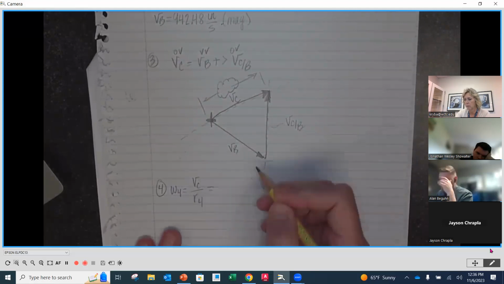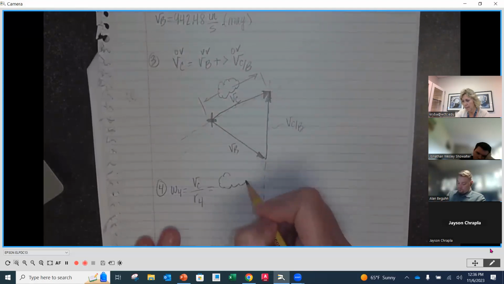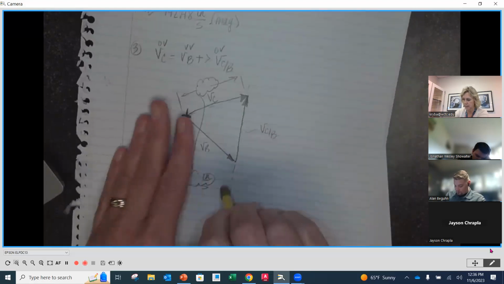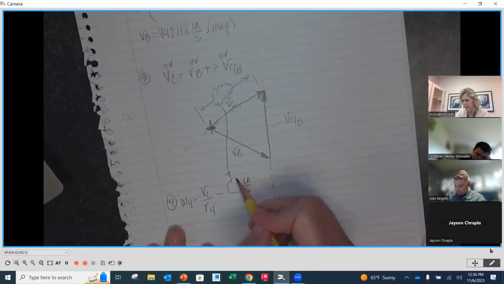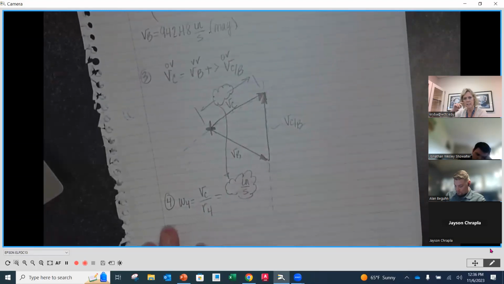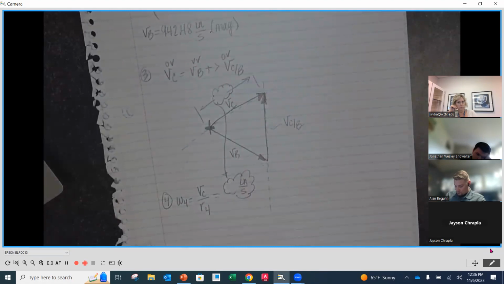Which means that this number right here is going to come from there, and that's going to be in inches per second. How do I know that's in inches per second?